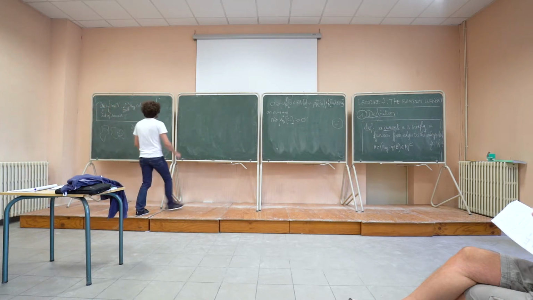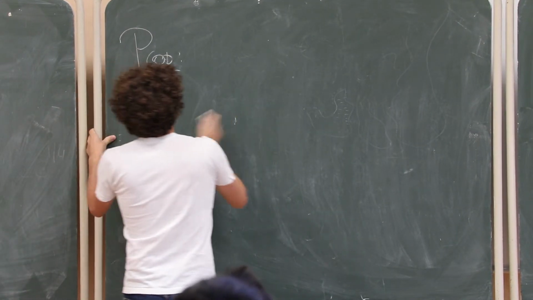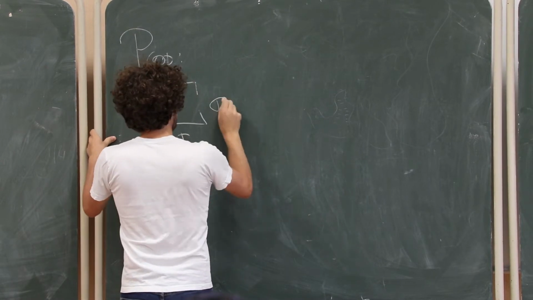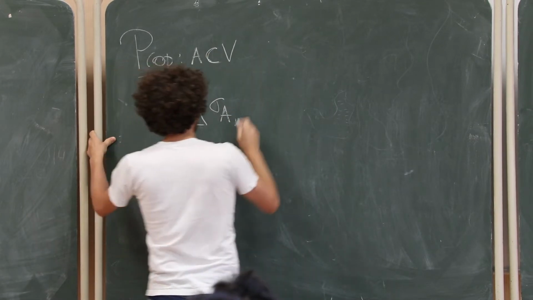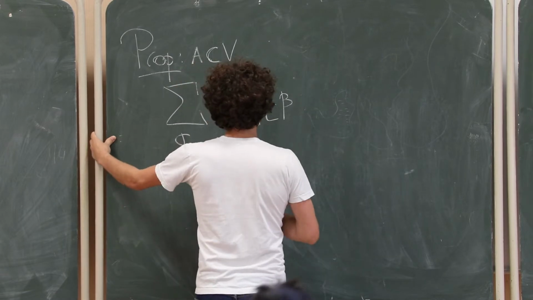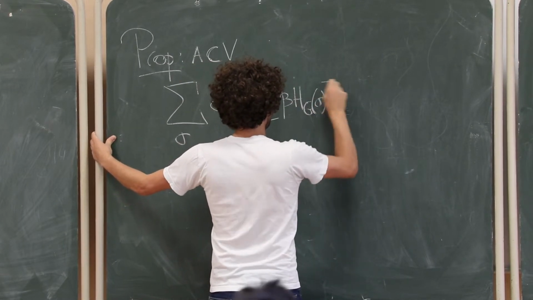Proposition. The sum over sigma of sigma_A, so let's take A a subset of V, times exponential of minus beta H of sigma.